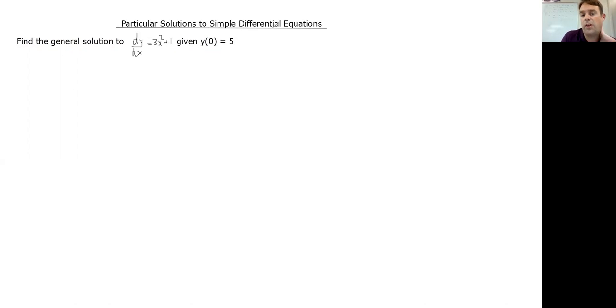So let's see if we can't do this here. First of all, we start off with doing the exact same thing we just did. dy dx equals 3x squared plus 1. And we are going to move the dx to the other side.